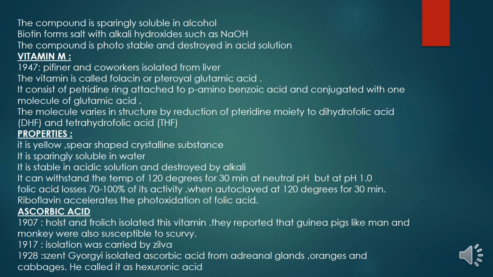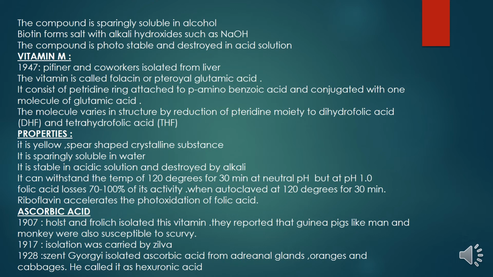Vitamin M. In 1947, Pfiffner and co-workers isolated it from liver. This vitamin is called folacin or pteroylglutamic acid.